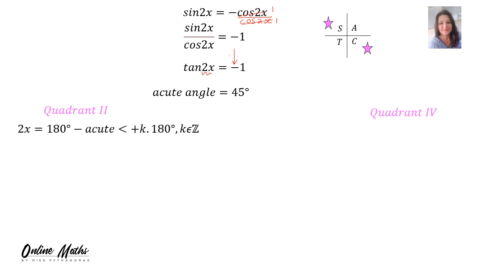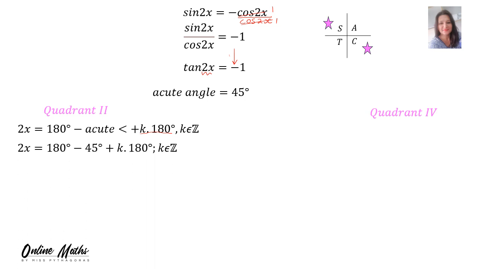Now 2x is equal to, and then the rule in the second quadrant is 180 degrees minus the acute angle plus k times 180, k element of Z. Why 180? Because you're working with tan.